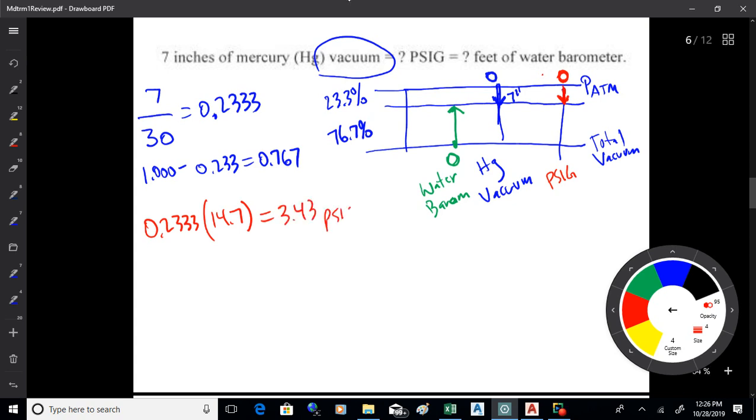And that's gauge. Now that does get a negative because that's reading below 0. So that's a negative number. Okay, we're good? Okay.